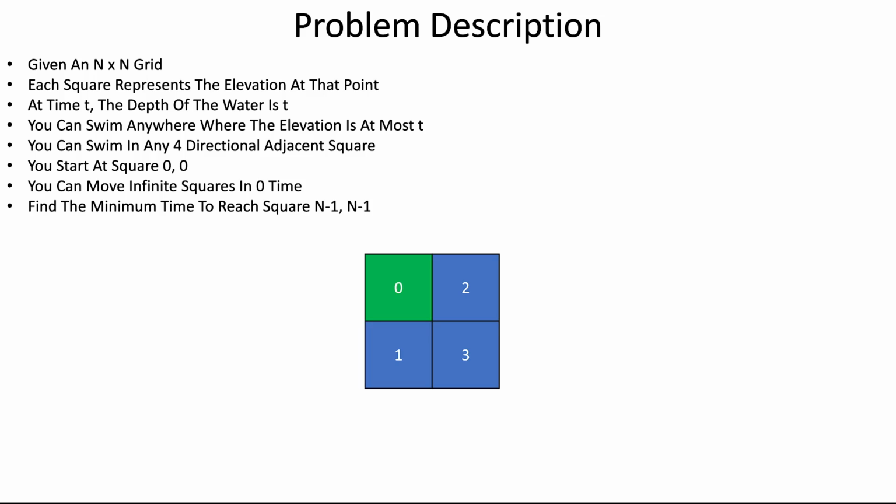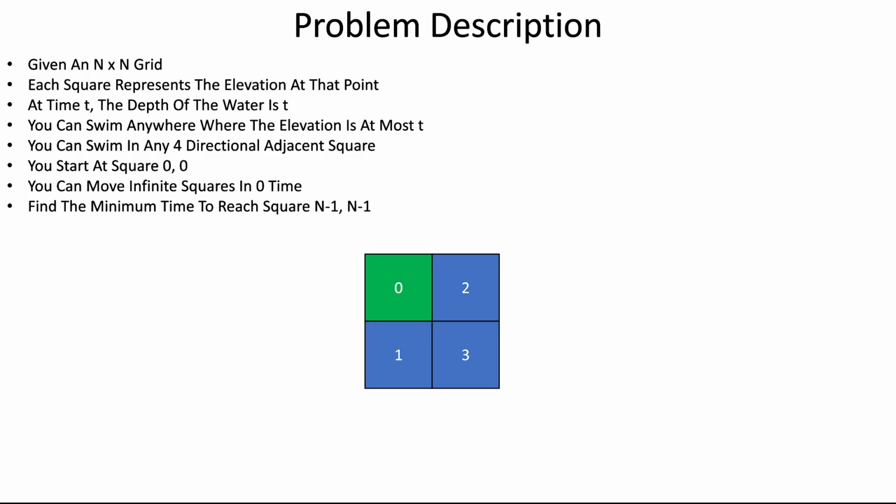You can swim to any four-directionally adjacent square. You start at square 0, 0, and you can swim an infinite amount in 0 time, and you have to find the minimum time to reach square n minus 1, n minus 1, or the last square, bottom right.